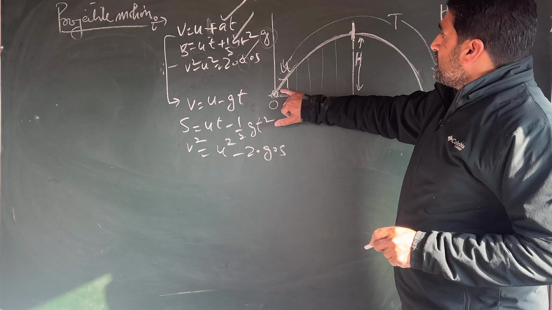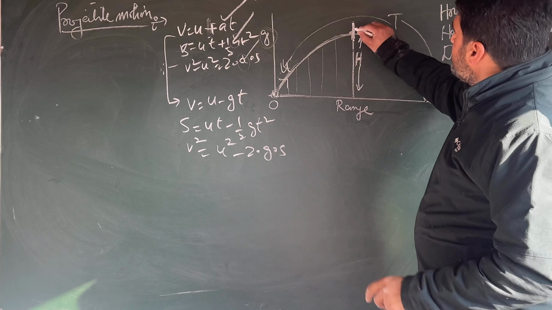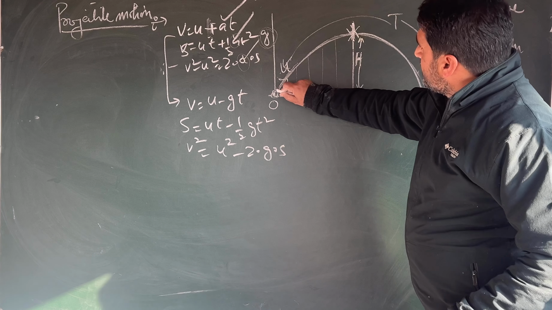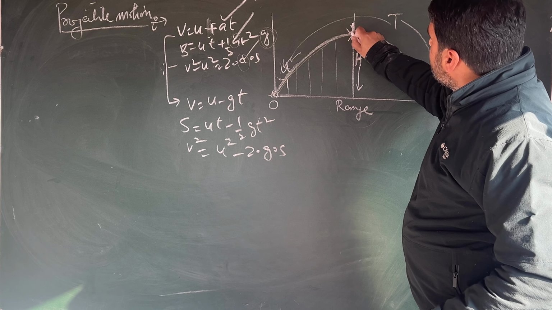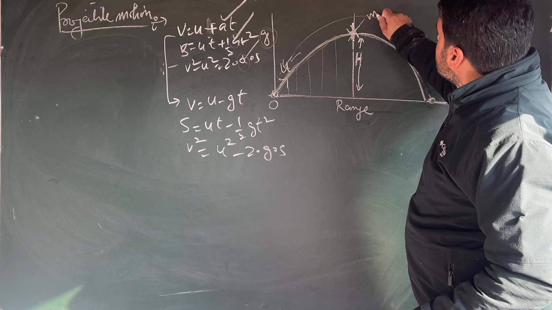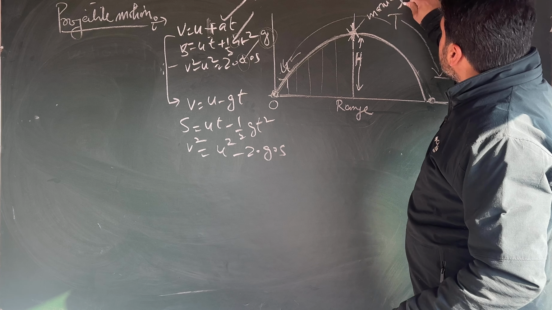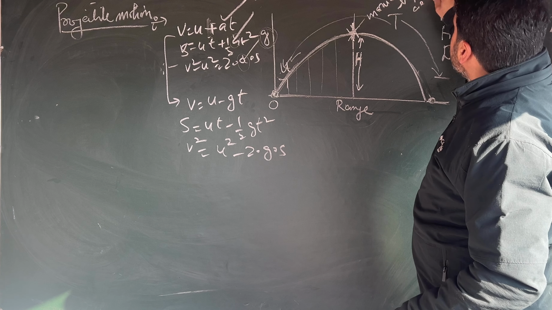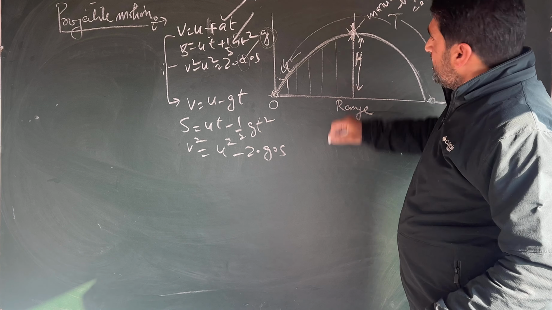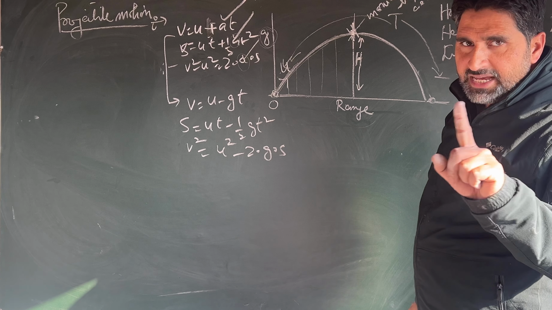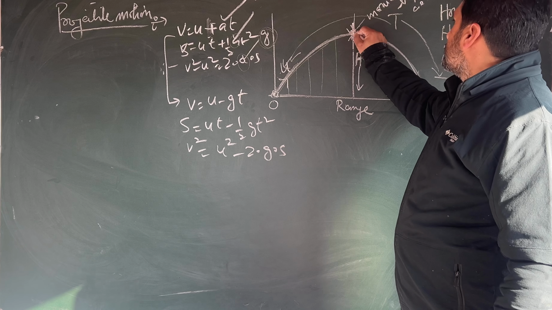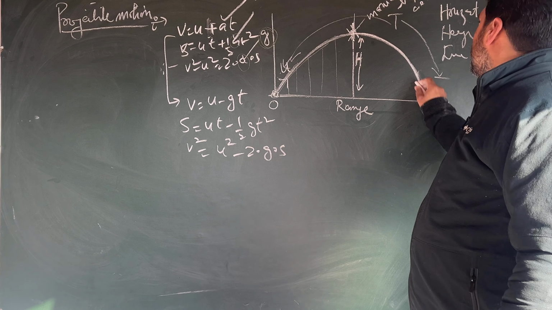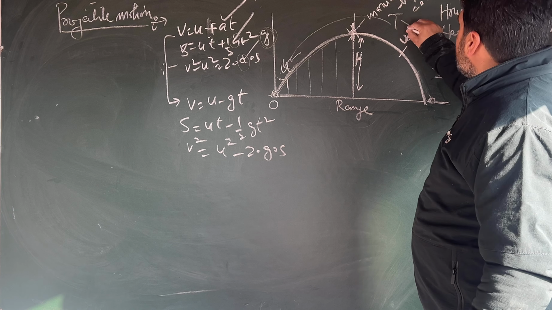One more important point that you have to remember: when you go upwards up to maximum height, the acceleration decreases. And in projectile motion, acceleration at the topmost point does not become zero. When you move from the top to ground level again, the velocity increases.